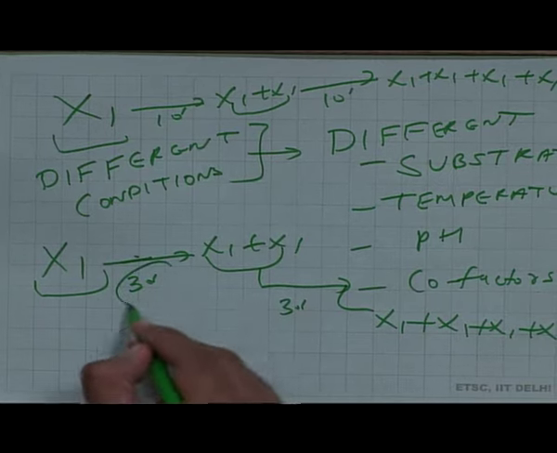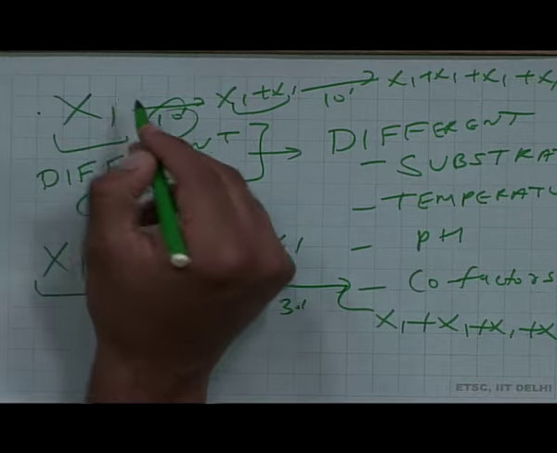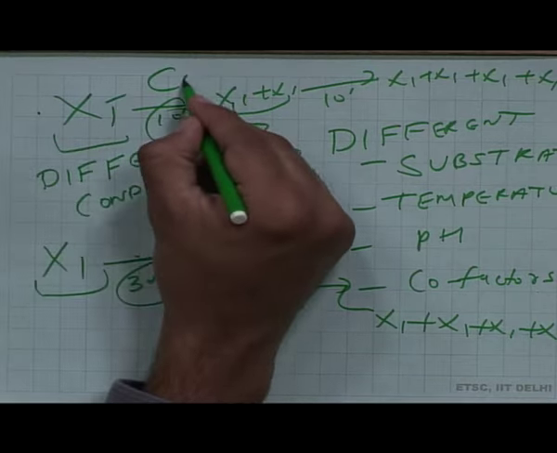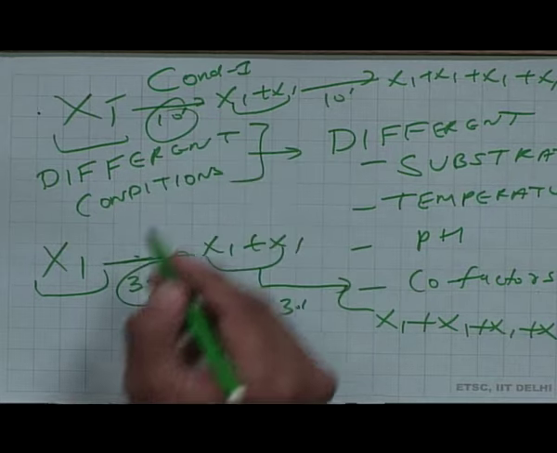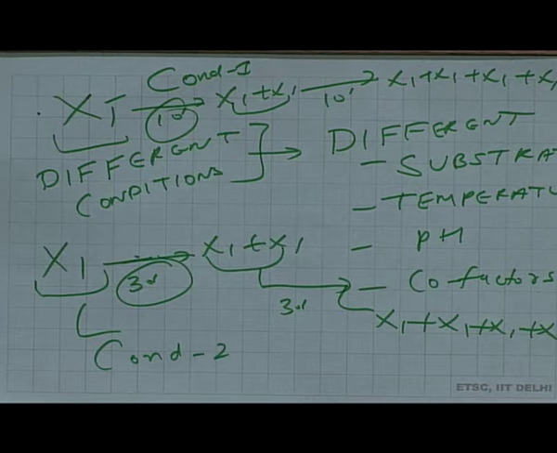So, again we know that x 1 in condition 1 is better than x 1 in condition 2. Condition 1 is better for x 1's growth and product formation compared to x 1 in condition 2. Okay.